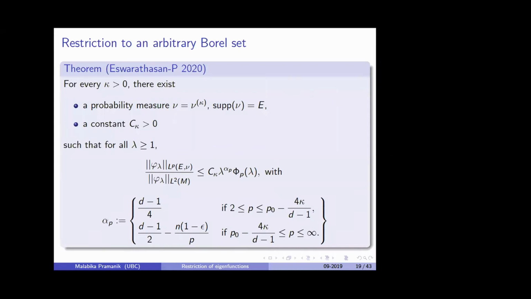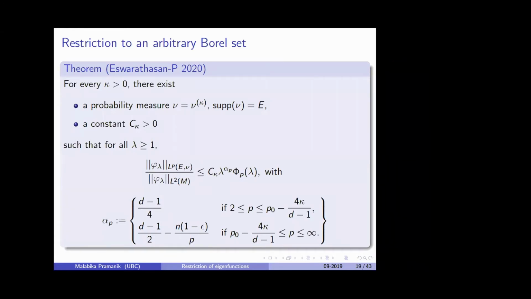More precisely, for every kappa positive, we can find a probability measure, nu super kappa, supported on E, such that for every Laplace-Beltrami eigenfunction phi sub lambda that is L2 normalized on M, the LP norm of phi sub lambda with respect to nu grows at most like lambda to the power of alpha p.